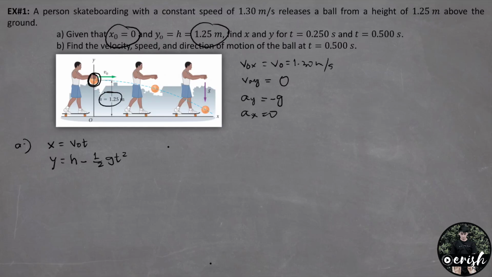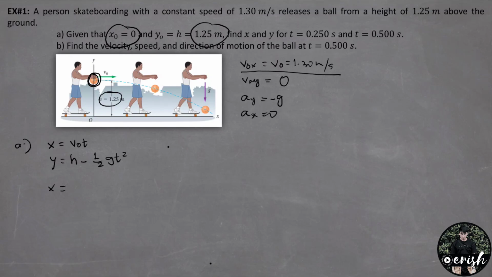And similarly, sa velocity components naman, vx is simply vo lang siya, and yung vy is equal to negative gt. So for letter A, we substitute the values. x muna tayo.